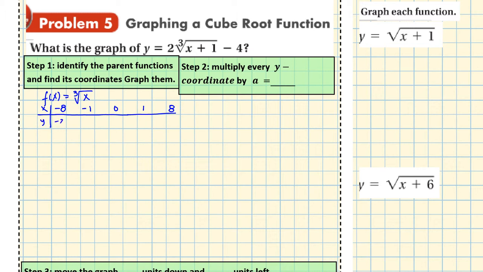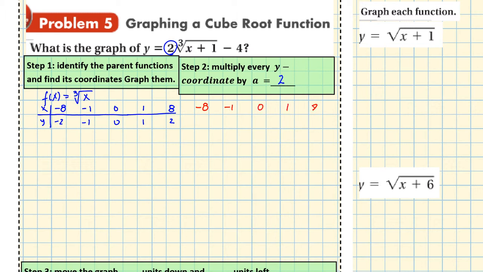Okay? Now, because we have an a of 2, what we're going to do for all the y coordinates is multiply them by 2. So the x coordinates stay the same. But the y coordinates are now going to be multiplied by 2 because that's the a value that we have.